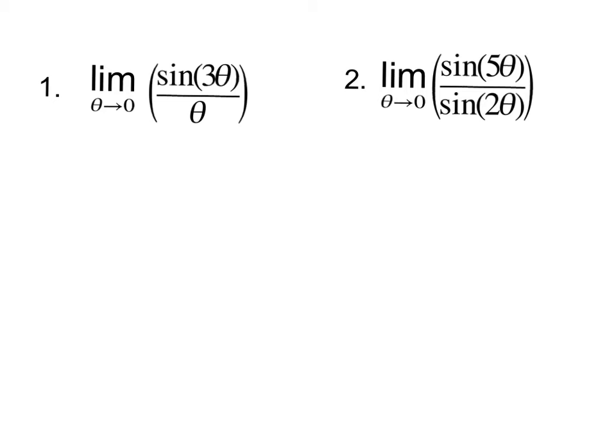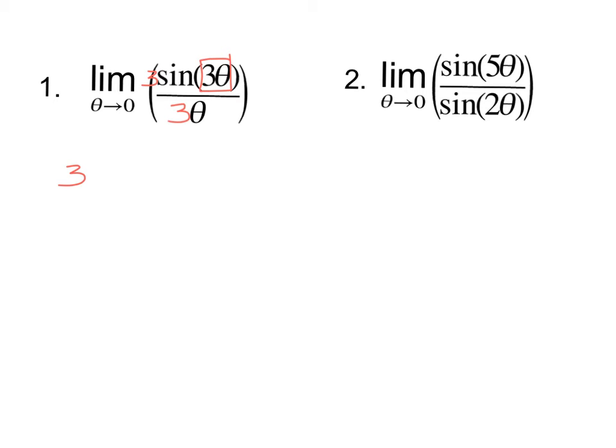All right, so the issue here is sine of the inside, right? The inside is 3 theta. So we need the inside to be on the bottom. I need a 3 in the bottom because it's missing. So if I put a 3 in the bottom, where else do I need a 3? I also need a 3 up top. And remember, one of our rules of limits, if we have a constant, we're allowed to pull it out.